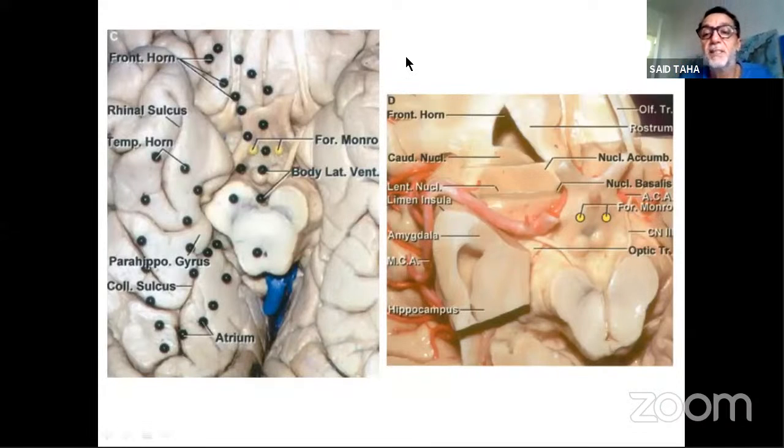Here again, this is the anterior perforated substance, and we have the lenticular nucleus here, the caudate nucleus here, and the frontal horn. Here we have the projection of the foramen of Monro.